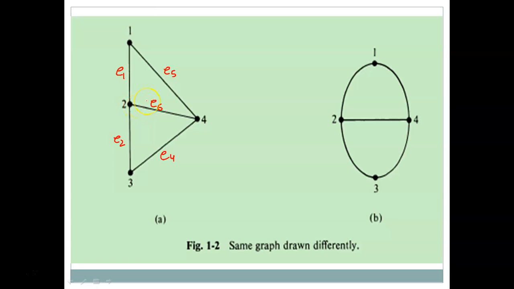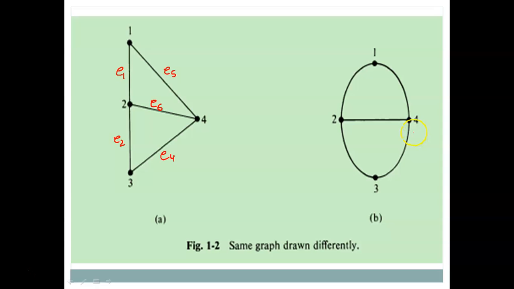Now look at the situation. Here the edges have been represented with straight lines, but we can also represent the edges with curved lines. In fact, connectivity matters, meaning you have to look for the vertices between which an edge exists. For example, here I put the vertices 1, 2, 3, and 4 in this way.